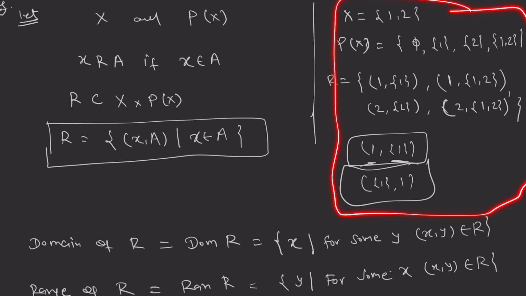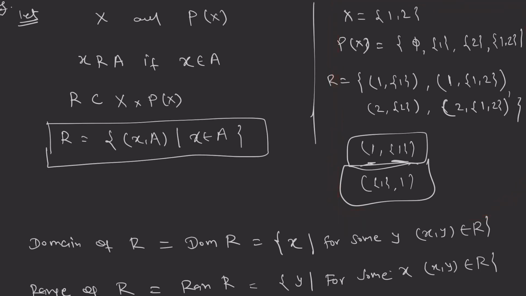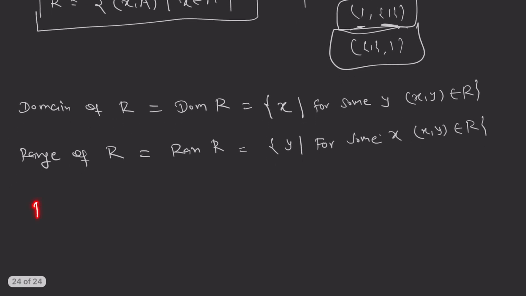Here, what is the domain of R? ठीक है, हमको डोमेन देखना है R का. सो हमको वो x इकट्ठे कर रहे हैं जो किसी y के लिए (x, y) R के अंदर आ रहा हो. ठीक है, हम यहाँ पे देखते हैं कि y क्या है यहाँ पे P(X). ओके, तो किसी भी P(X) के एलिमेंट के लिए कोई X का एलिमेंट इस टाइप से आ रहा है तो वो डोमेन में चला जाएगा. अब यहाँ पे देखिए कि singleton {1} P(X) का एलिमेंट है, इसके साथ 1 आ रहा है जो कि X का एलिमेंट है. ठीक है, तो 1 डोमेन के अंदर आ गया. ओके, एंड हियर यू कैन सी दैट कि singleton {2} के साथ 2 आ रहा है तो ये भी डोमेन के अंदर आ गया.